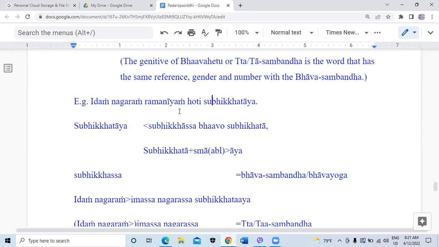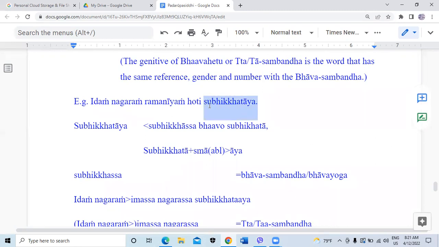Okay, if we analyze this, what is bhava sambandha? The Subhika, which has already been connected with the suffix, is bhava sambandha. And what is the sambandha of Subhikataya?